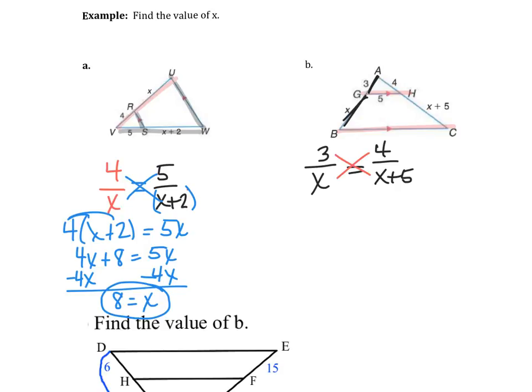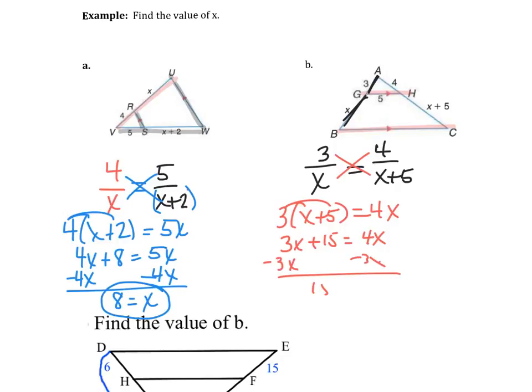Working with cross products to solve now, so 3 times the quantity x plus 5 is equal to 4x. Using algebra now to distribute, 3x plus 15 is equal to 4x. Moving this 3x to the right side, I've got 15 is equal to x.